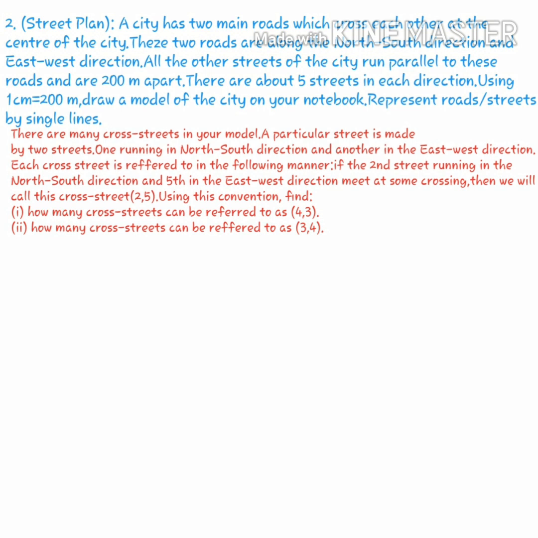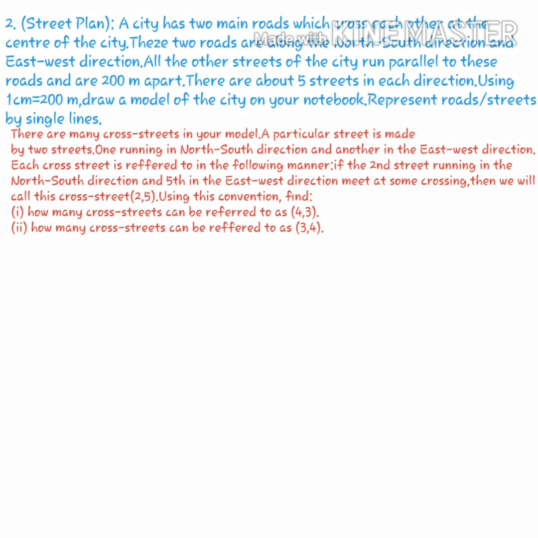Each cross street is referred to in the following manner: if the second street running in the north-south direction and the fifth in the east-west direction meet at some crossing, then we call the cross street 2, 5. 2 represents the second street in the north-south direction, and 5 the fifth street in the east-west direction.